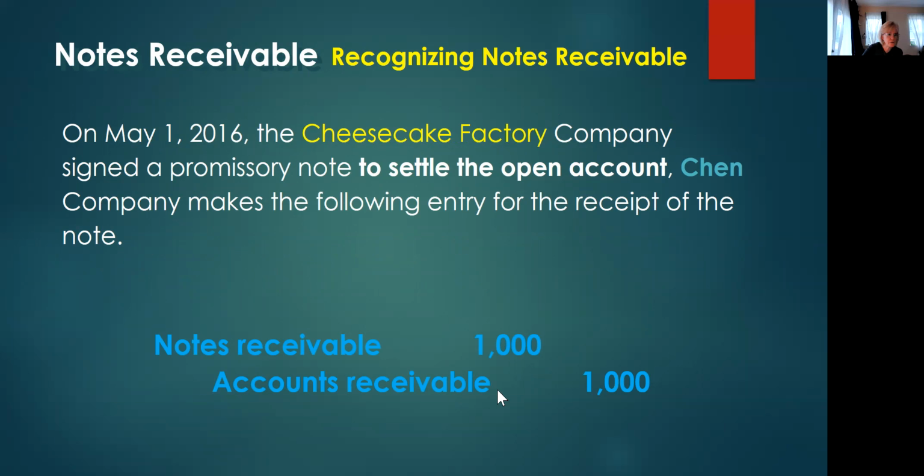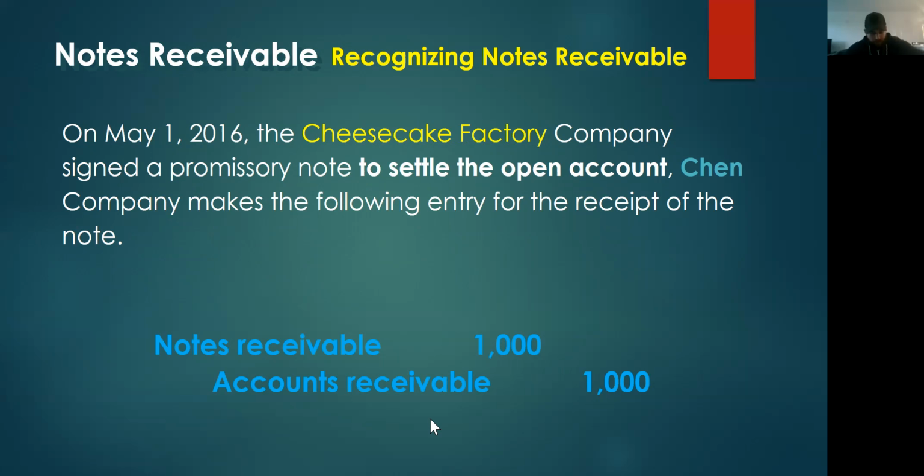We credit accounts receivable, but we're not factoring it. We're debiting notes receivable. We're setting up a different receivable, one with interest. Okay, so write that in the bottom of 27. We're going to keep working with this example for the next journal entry.